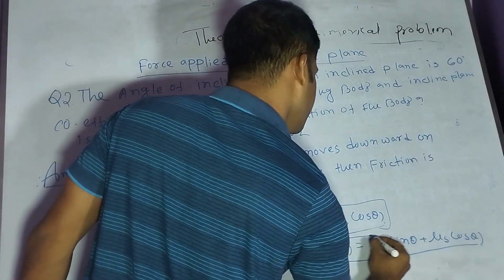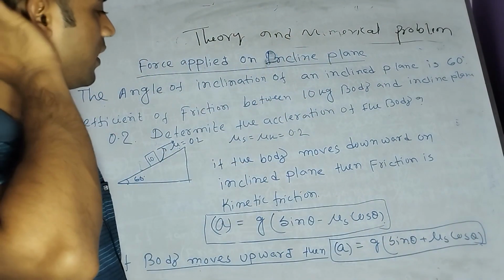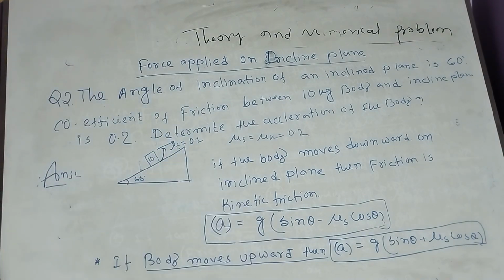Upward acceleration in kinetic friction: a is equal to g sin theta plus mu s cos theta, and for downward motion the acceleration is g sin theta minus mu s cos theta.